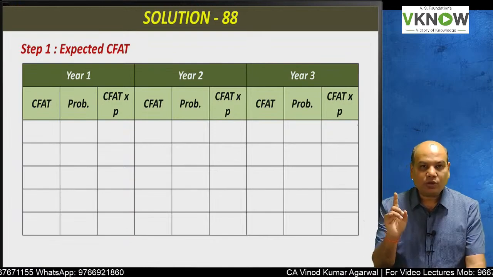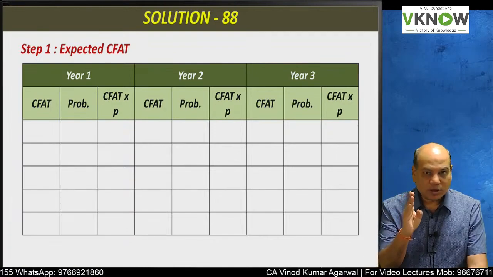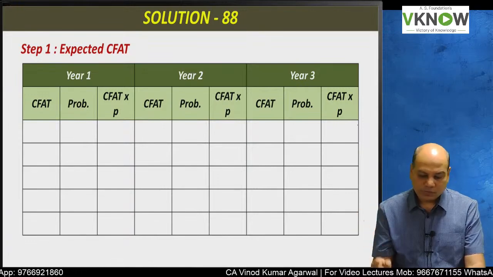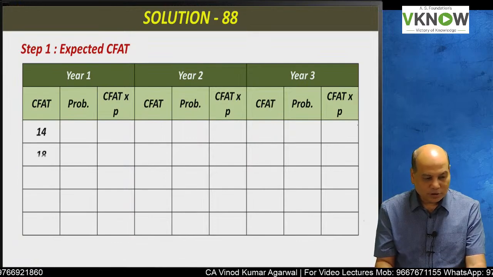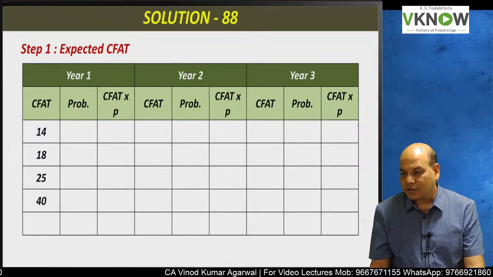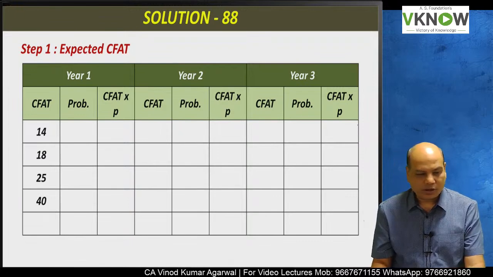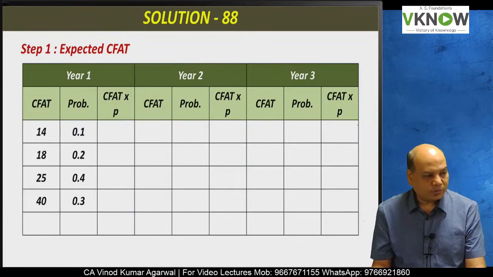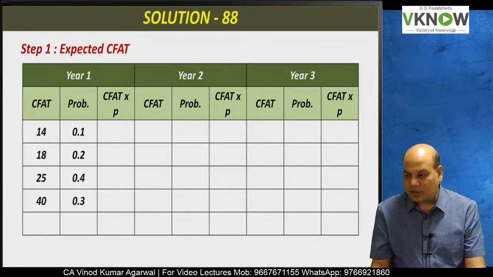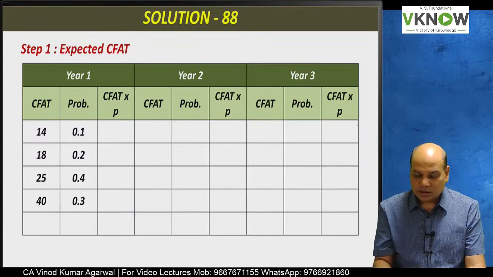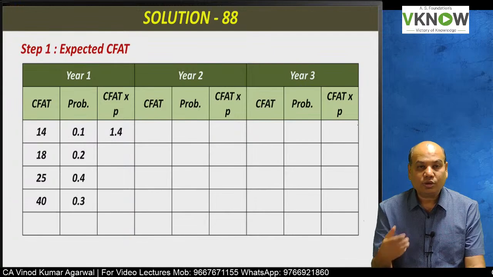Now I will solve year 1, and then in the same way you will solve year 2 and year 3. Ready? Question in front of you. CFAT 14, 18, 25, 40. Probabilities 0.1, 0.2, 0.4, 0.3. Now multiply these two, equal to memory plus and then later memory recall for total.